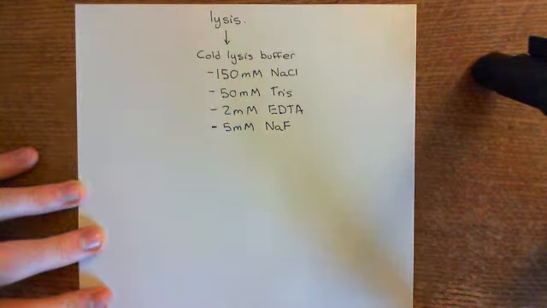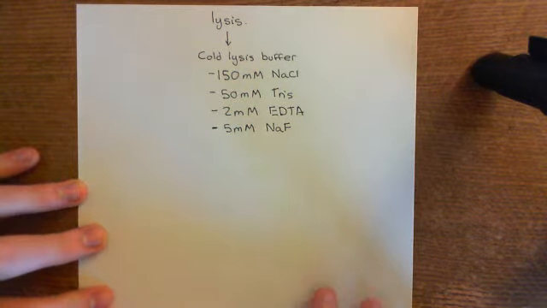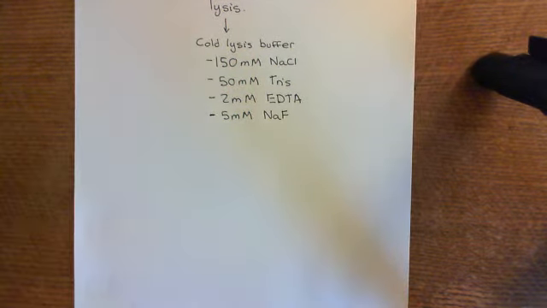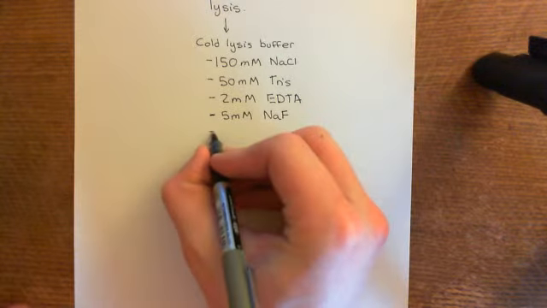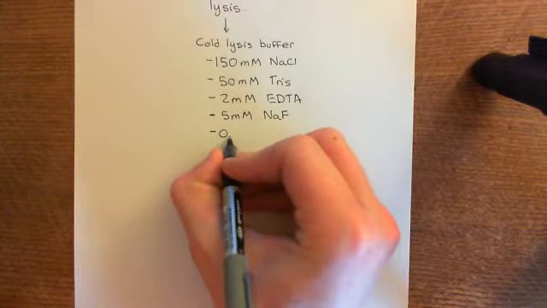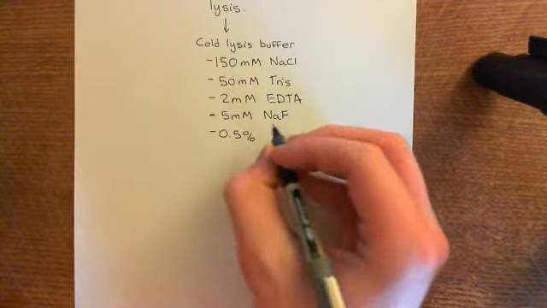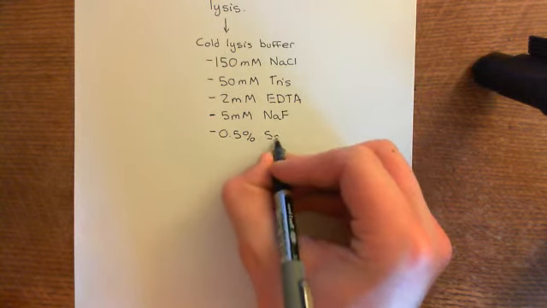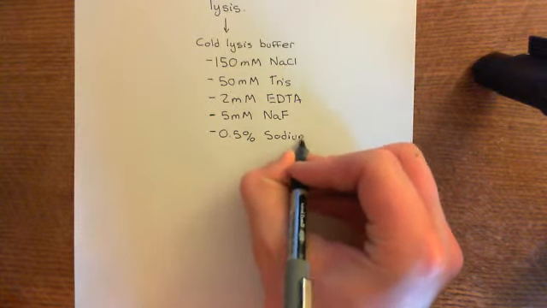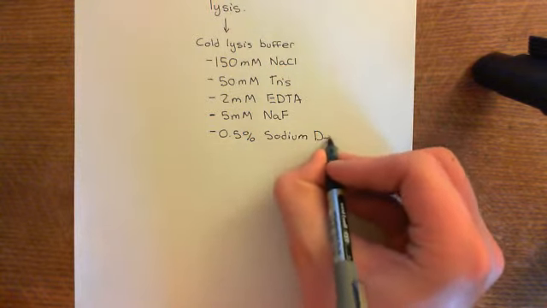Okay. Then you're also going to have two other molecules which I want to discuss their structure with you. Okay, so you're going to have 0.5% sodium deoxycholate. So let me explain what sodium deoxycholate is.